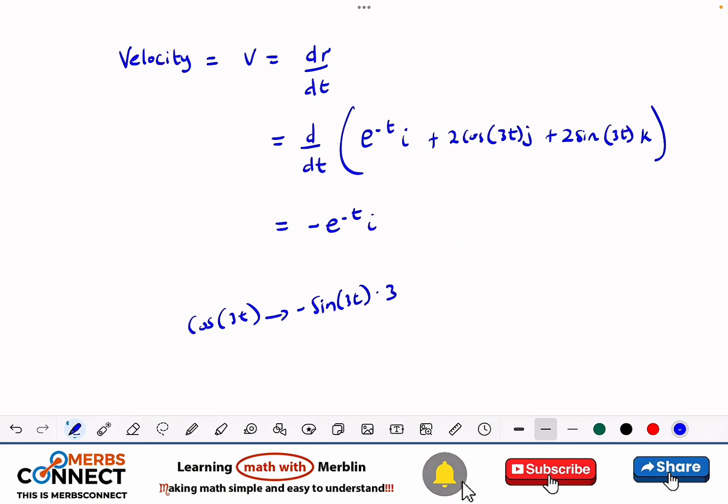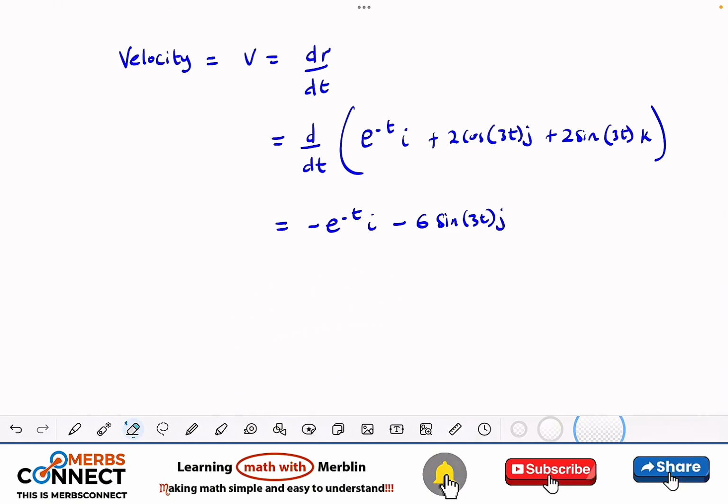So that's what we are going to get, and it means that this is going to give us minus 6 sine 3t j. So we are doing composite differentiation. Differentiating cos gives minus sine, then differentiating what's inside the bracket with respect to t gives 3. 3 times 2 will be 6.